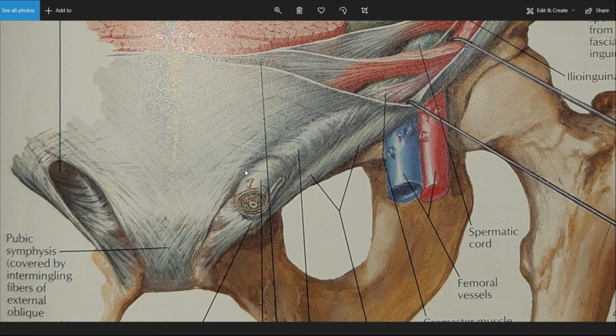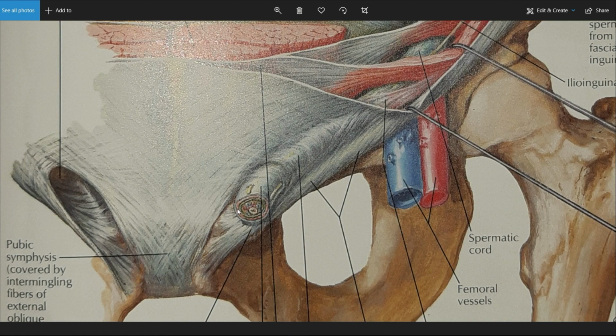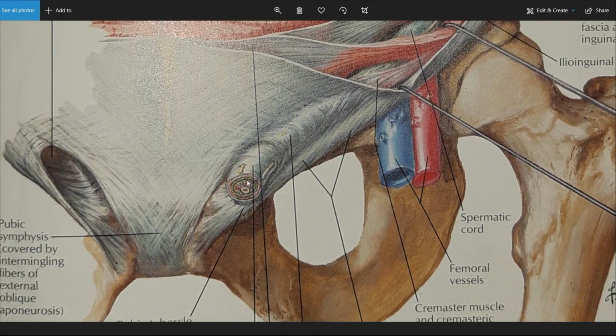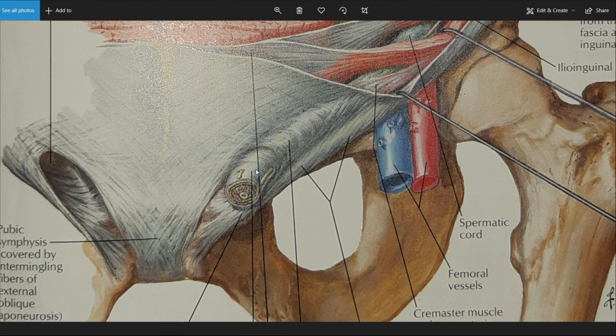Can you see this bulged opening from where this tube-like structure is coming out? This tube is not the inguinal canal. This tube is a part of the inguinal canal. That is a constituent. What structures are present inside the inguinal canal? When we talk about that, we'll talk about this tube-like structure, which is nothing but the spermatic cord actually.